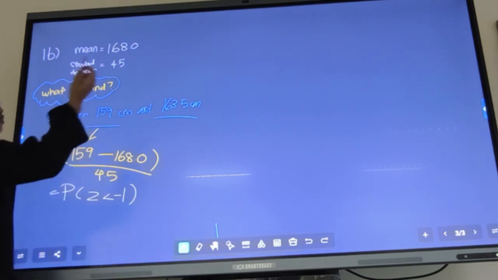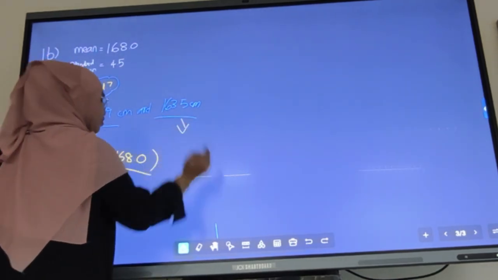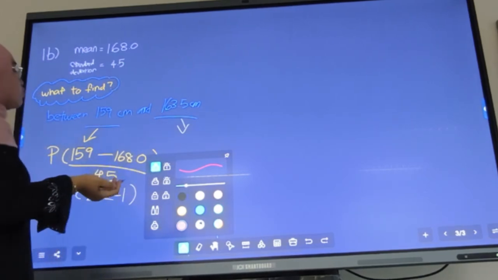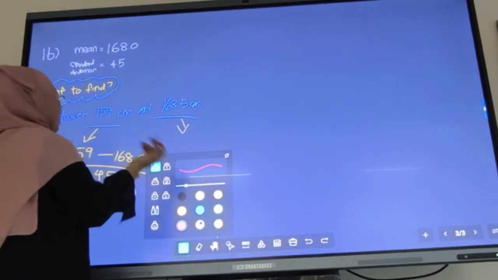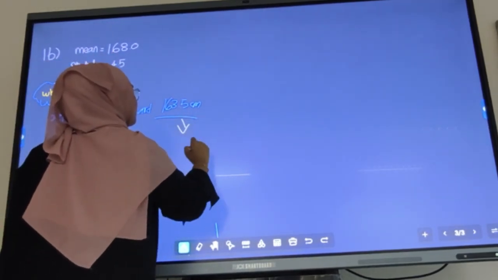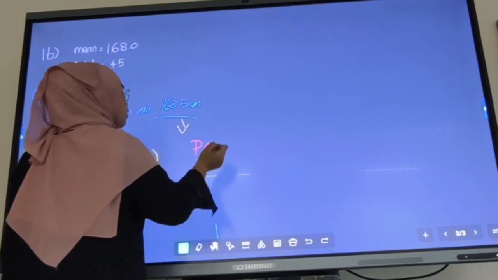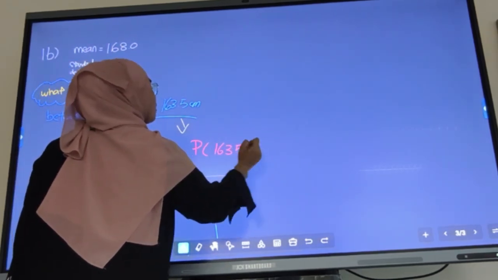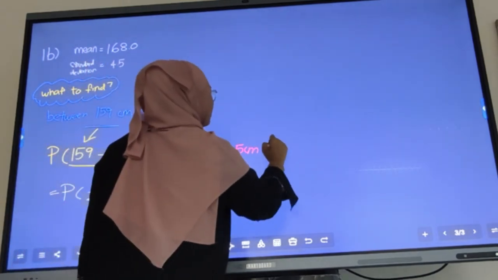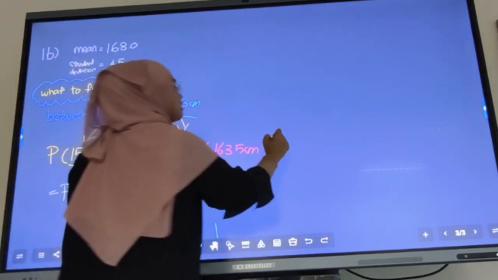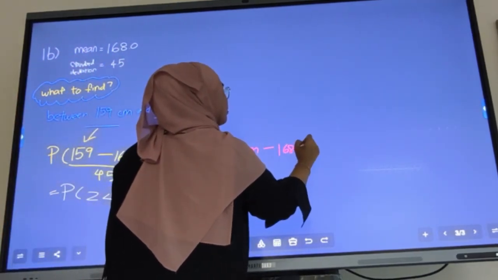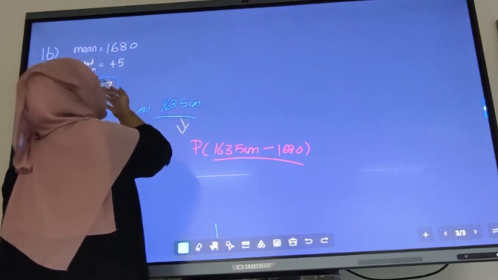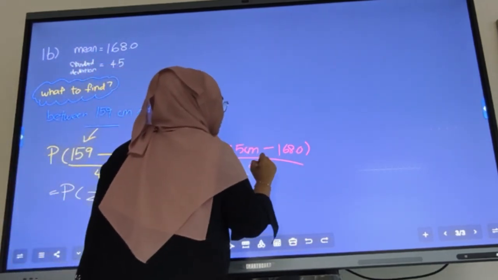Next we're going to solve this one the exact same way, using P bracket with 163.5 cm minus the mean given, that is 168.0, and both of these numbers we divide by the standard deviation given, that is 4.5.